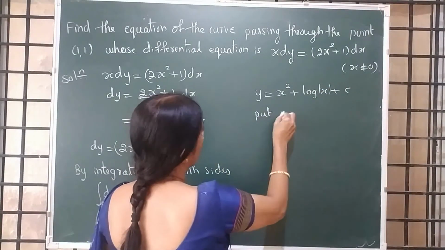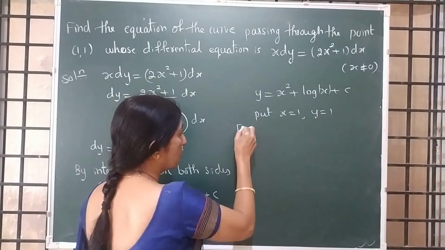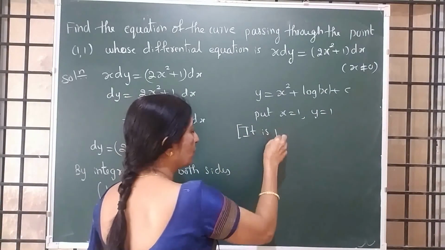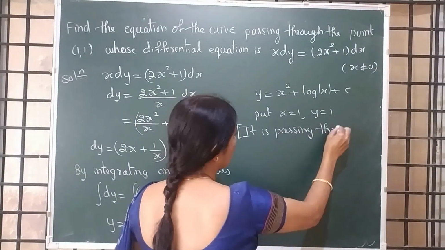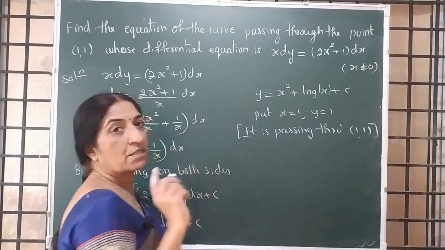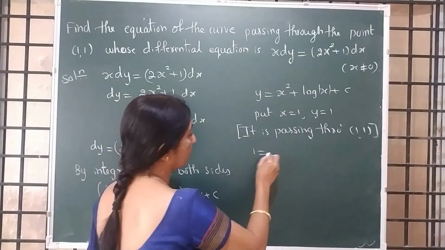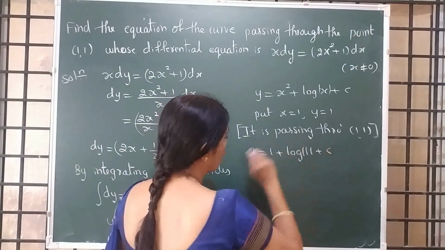Then put x is equal to 1, y is equal to 1, because you know that it is passing through 1 comma 1. And you know that log 1 value is 0.